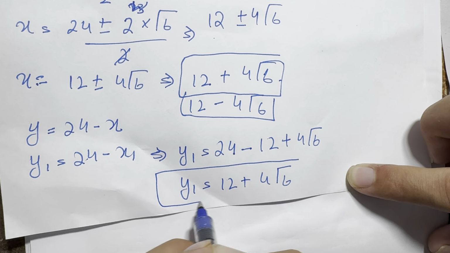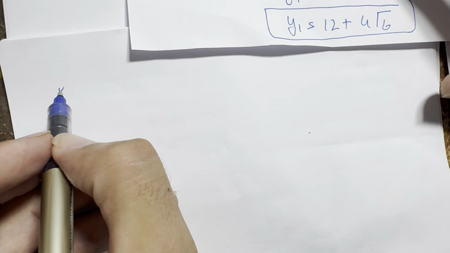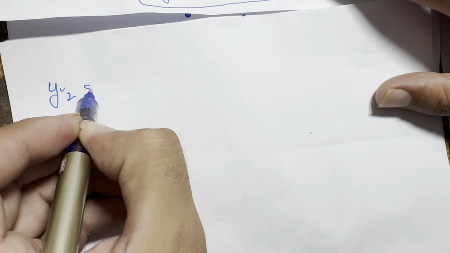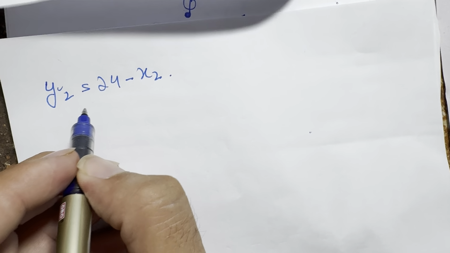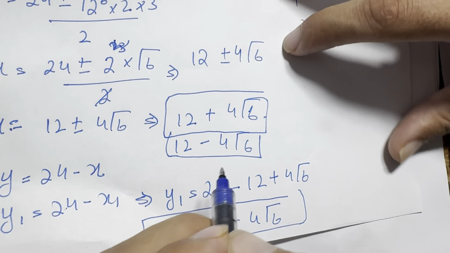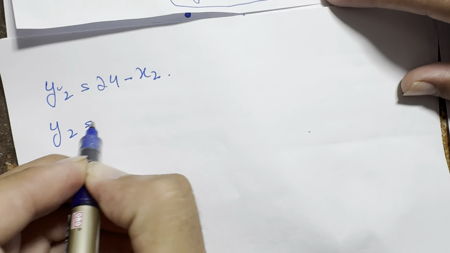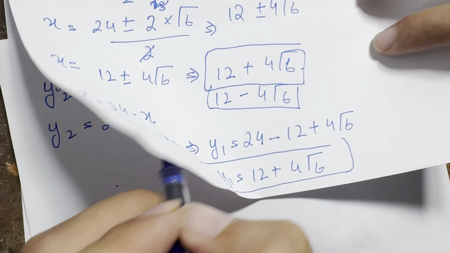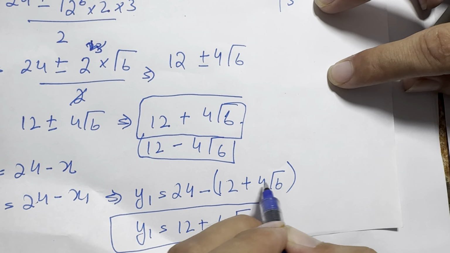Okay, so this is y1, and y2 will become equal to 24 minus x2. So x2 is right here, 12 minus 4 under the root 6. So y2 will become equal to 24 minus this in bracket.